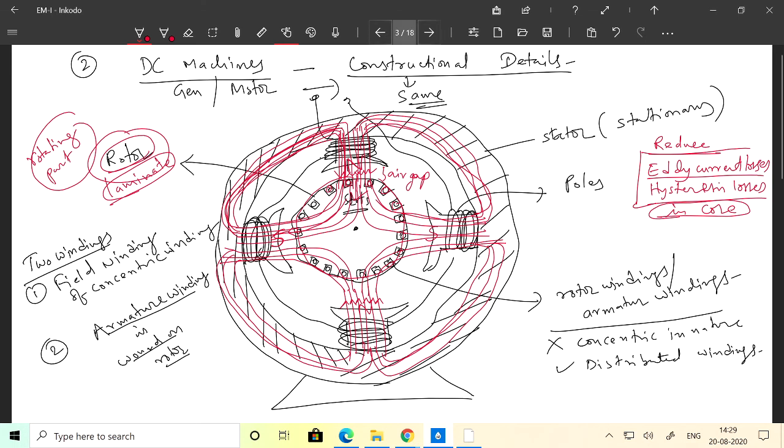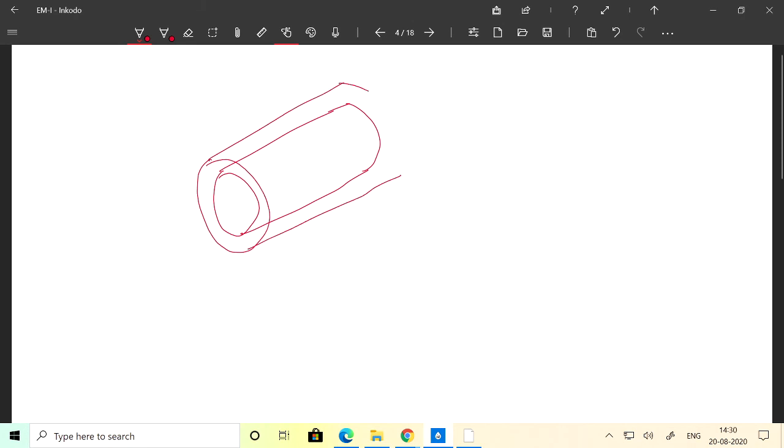Let me go to the next page. Let me assume that this is a rotor cylinder placed in the stator like this. But this rotor is not a solid rotor, it is laminated in nature. Laminated means we will take slices.